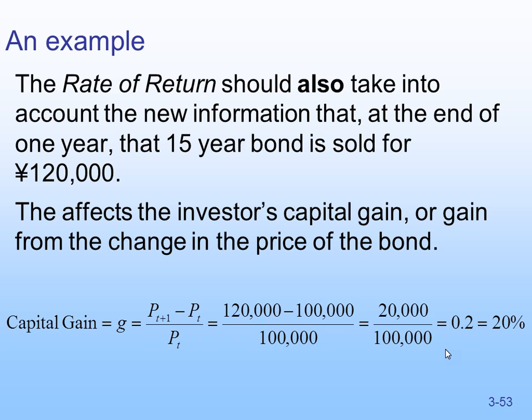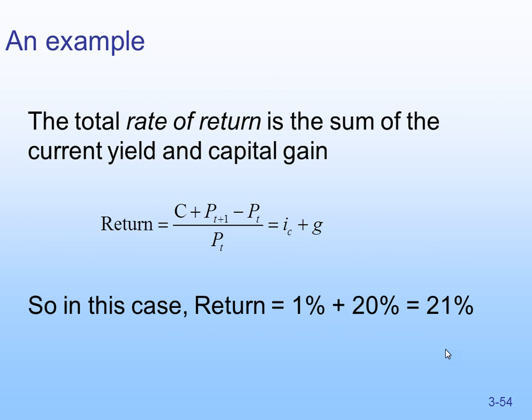And this affects the investor's capital gain, or in this case a big gain, from the change in the price of the bond. So the capital gain is huge, 20%. And to really get the rate of return, we need to add those up. And it's big, and you can see that in this example, it's really driven by the capital gains change.